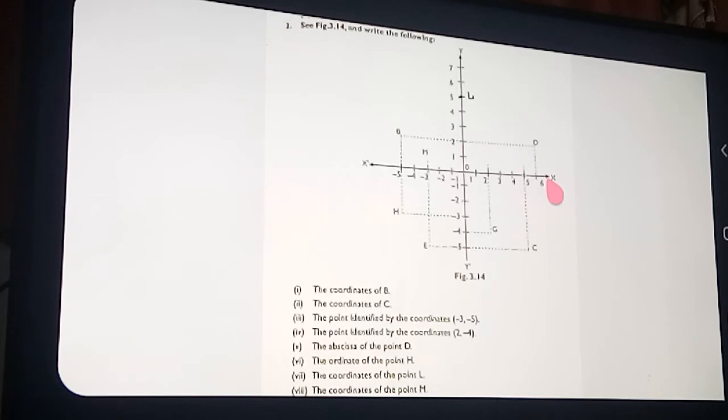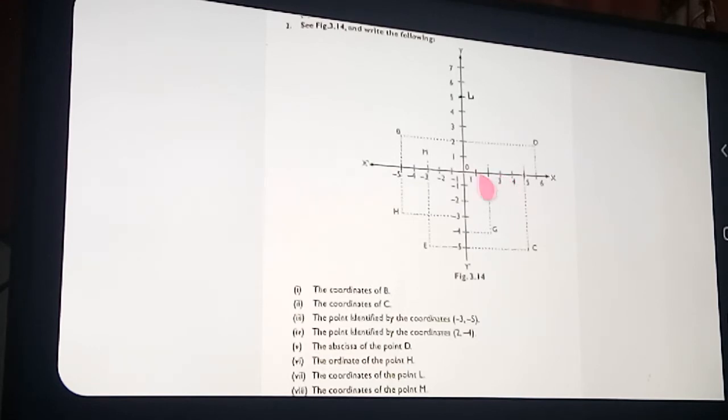For points on the x-axis, the y coordinate is always 0. Now I marked one point here. How can we write this point as an ordered pair? Ordered pair 6, 0, and this point is ordered pair 4, 0, and this point is ordered pair 3, 0.